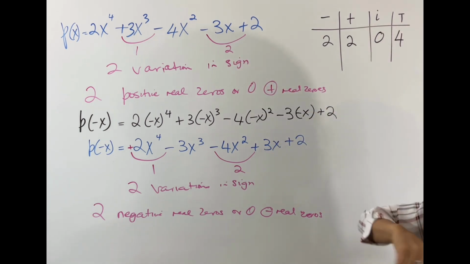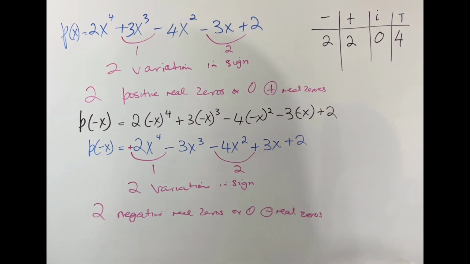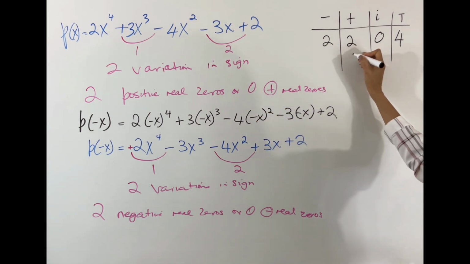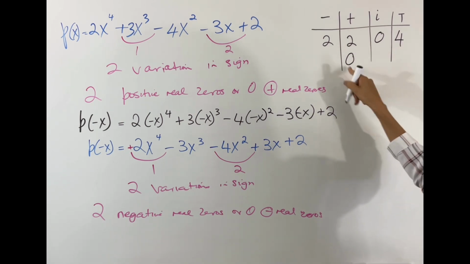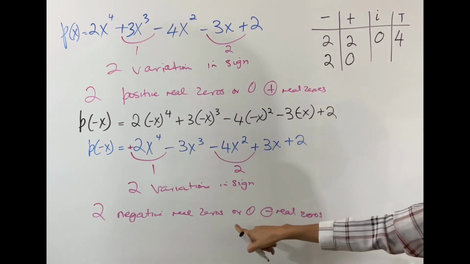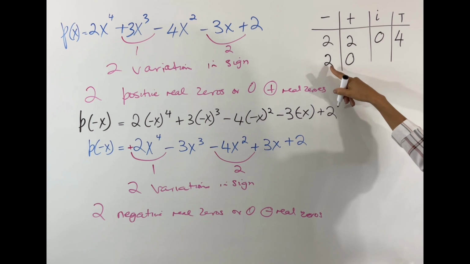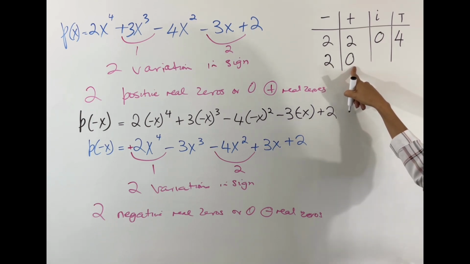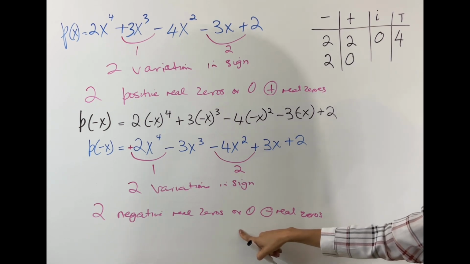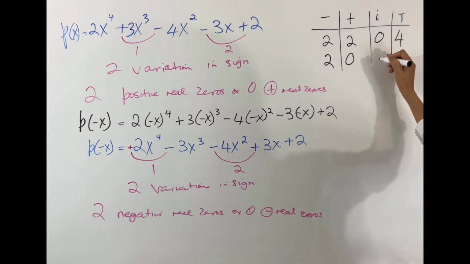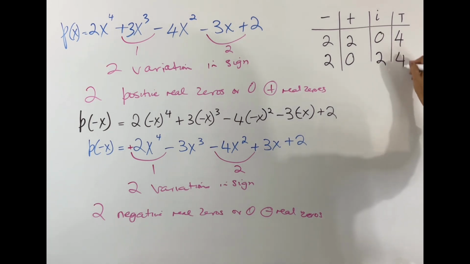And because we will end up with two positive real zeros or 0 positive real zeros, we can put our 0 here as the next option. If we have 0 positive and still two negative real zeros, then we will end up with two complex numbers in this case, and our total here will be 4.